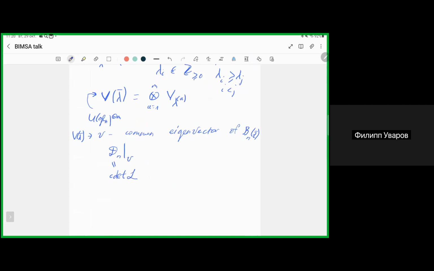So the coefficients of this column determinant, if restricted to V, they just become scalars, right? So this is just some differential operator with scalar coefficients. So it's written down as follows.